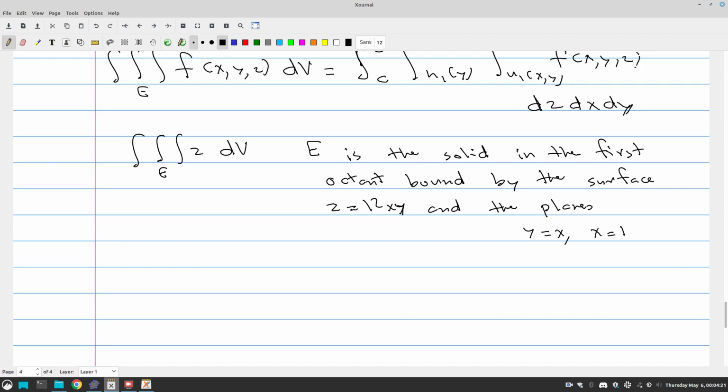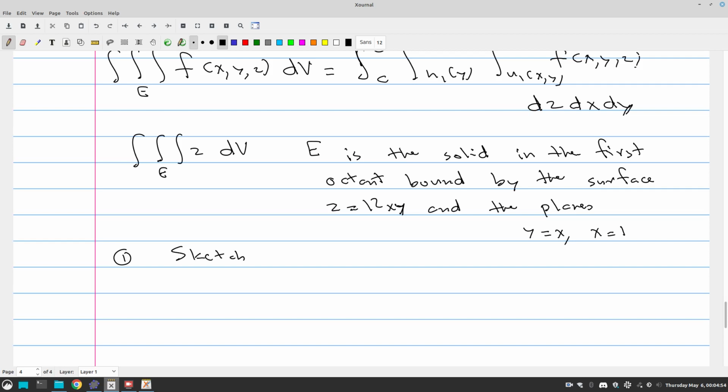Obviously when we're drawing the region, when we're setting up our integration, it's always important to start off with a sketch. First of all, we have to sketch 2 regions, right?